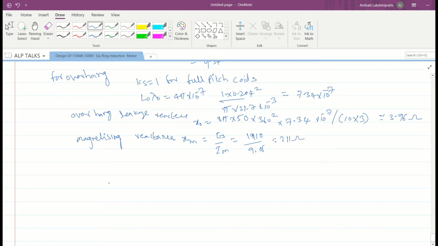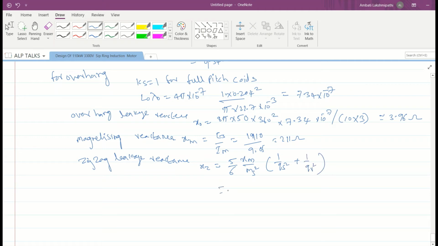Now the zigzag leakage reactance, that is another figure we have to calculate. This zigzag leakage reactance, small xz, is nothing but 5 by 6 into Xm by... we have some basic formula, so let's use it so that we can calculate all the parameters.